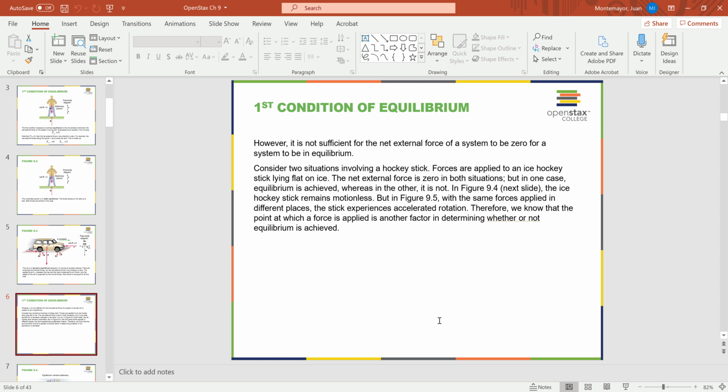In the first figure, the ice hockey stick remains motionless, but in figure 9.5, where the same force is applied in different places, the stick experiences accelerated rotation.